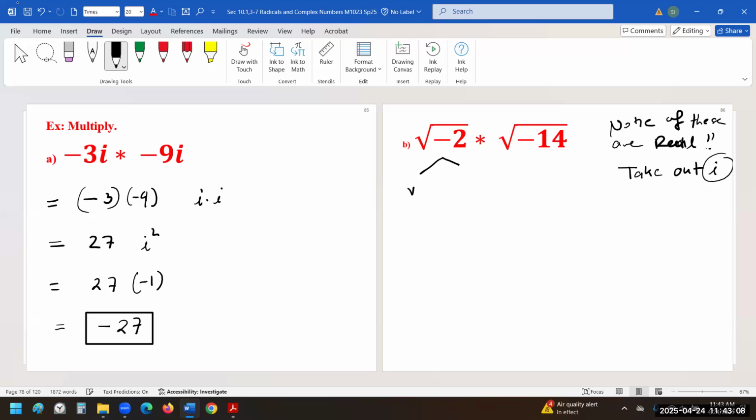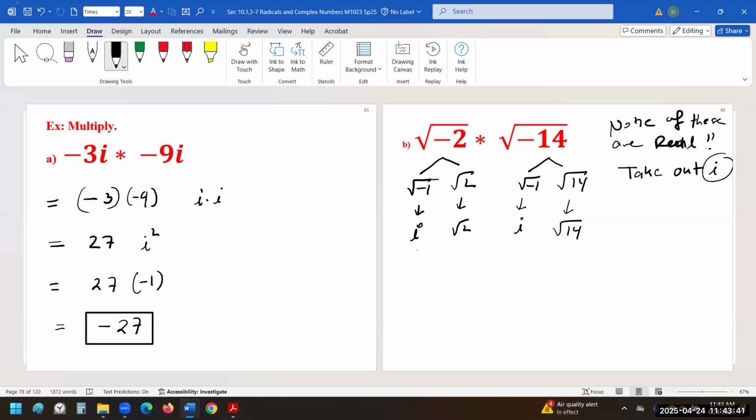So this becomes square root of negative 1, square root of positive 2. 2 is real. This becomes square root of negative 1 and square root of 14. 14 is real. So this turns into i. We have no idea what that is. This turns into i. We have no idea what that is. And now we see our imaginary part, i.